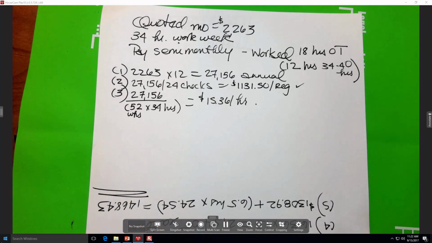So 52 weeks, 34 hours. Your denominator is always the number of hours in the work year, right?